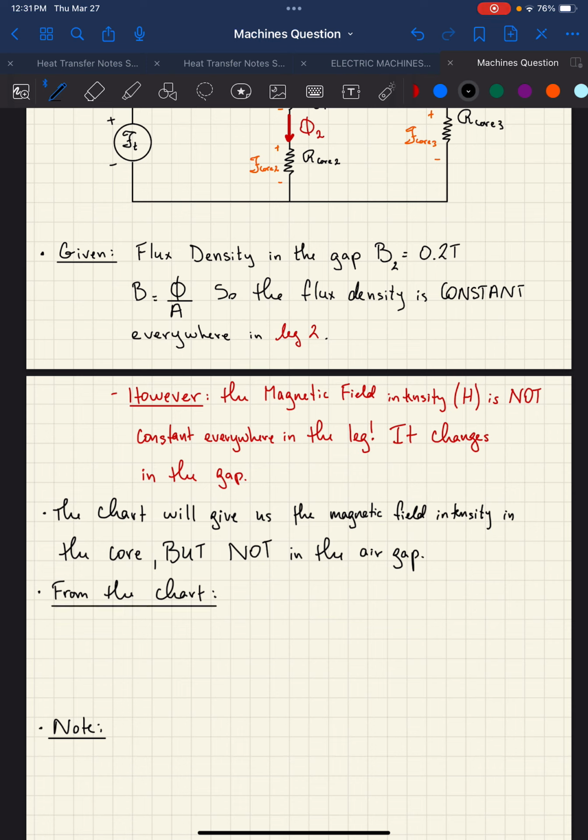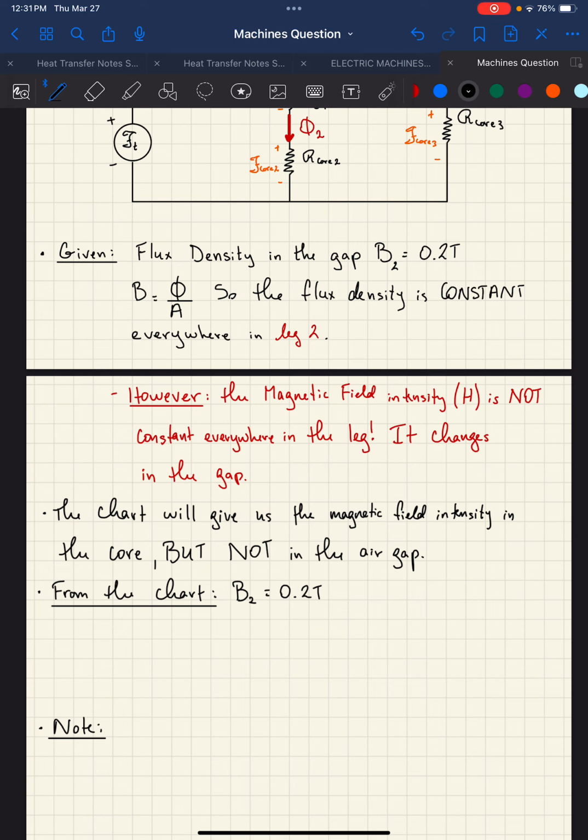Because the flux density is constant in the gap, that means the flux density in the core is also 0.2. So B in the core, I'll call it B2 because it's B in leg 2, is 0.2 Tesla. That's given to us.